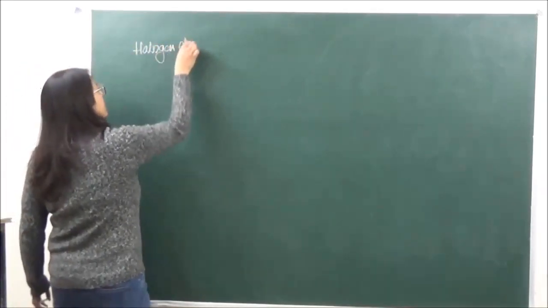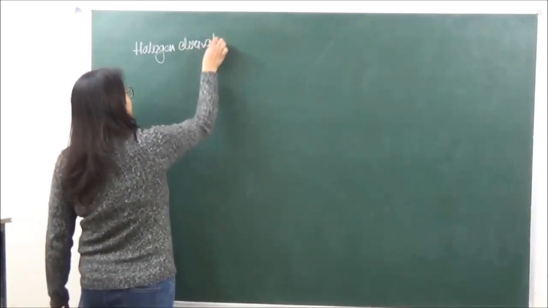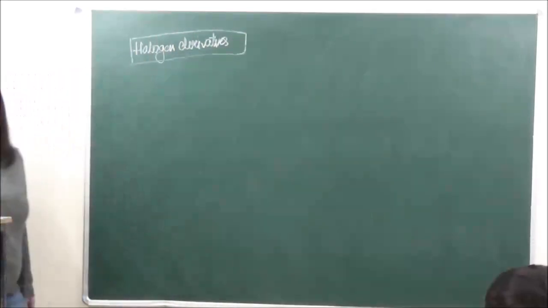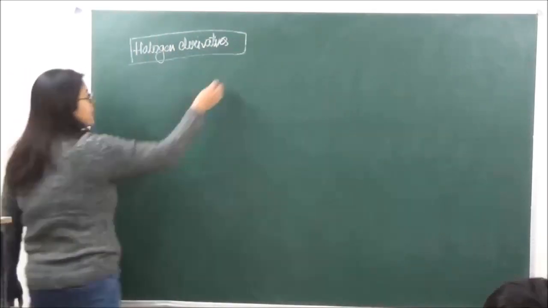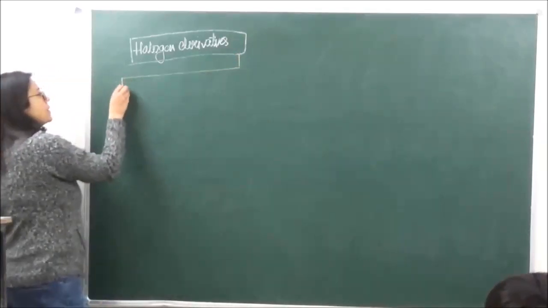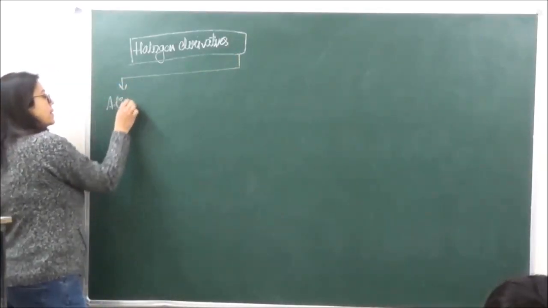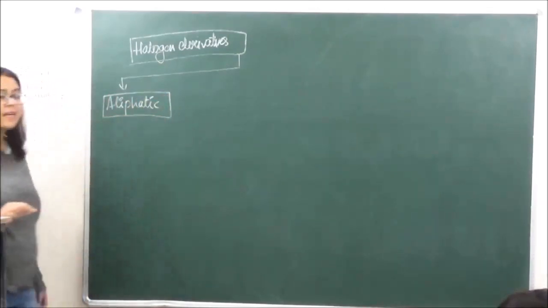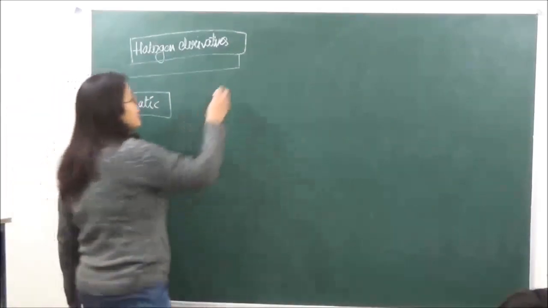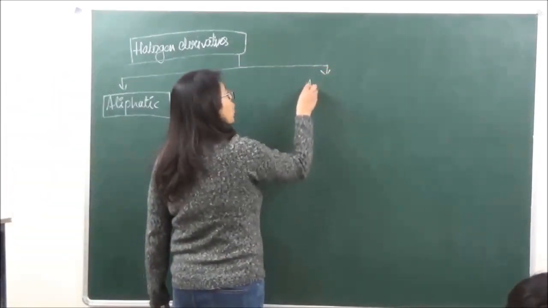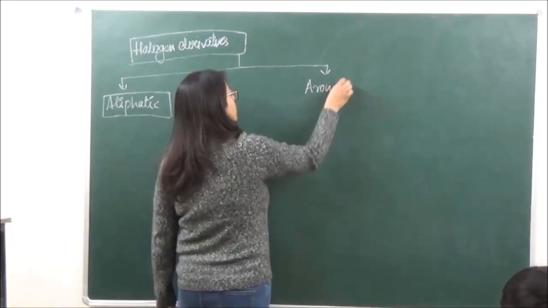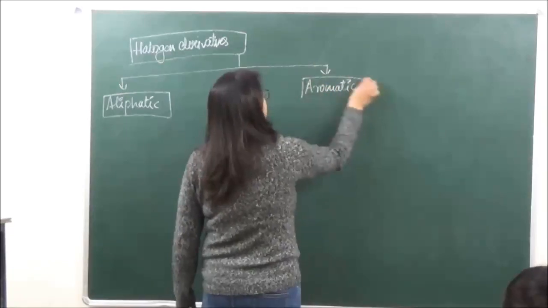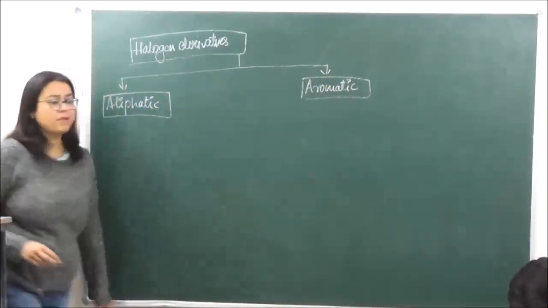The halogen derivatives they can be classified into aliphatic halogen compounds, and aromatic halogen compounds. This is the broad classification of halogen derivatives of hydrocarbons. So this is aliphatic, and then we have aromatic.